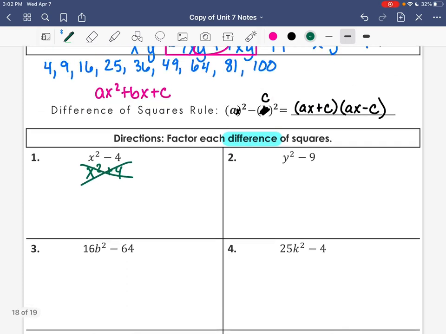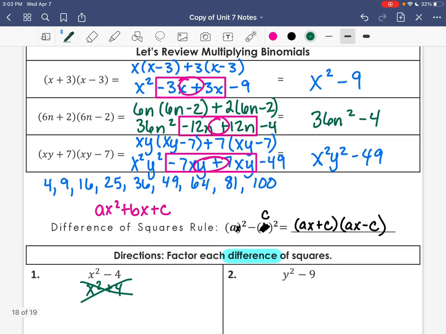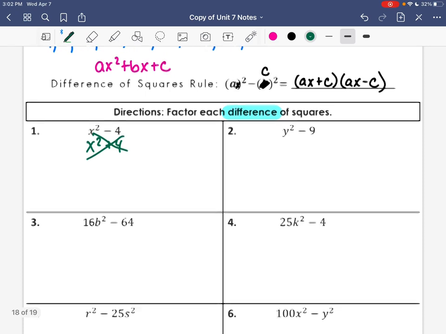That doesn't work because, as you noticed in all of these up here when we multiplied, you had to get a minus. If you don't have a minus, you don't have a difference of squares, and what we're about to do will not work. So I'm going to leave this on here so that you maybe will remember that.